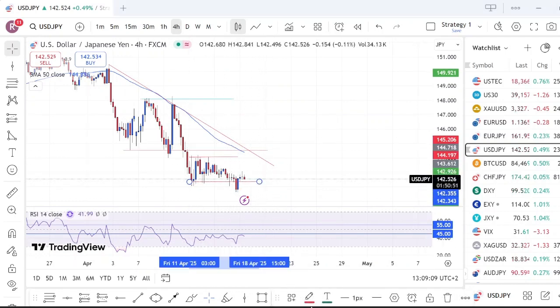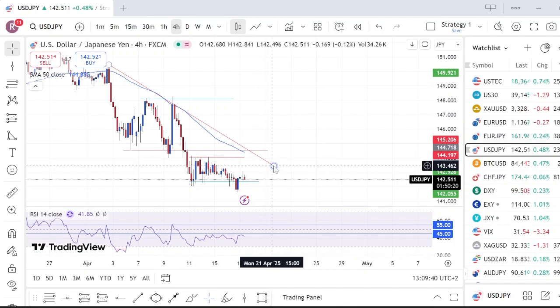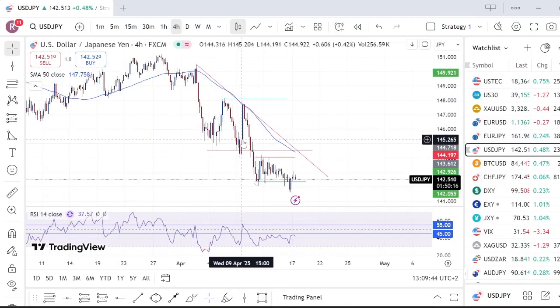Consolidation between 142.355 and support at 144.00. Waiting to see how that essentially plays out.